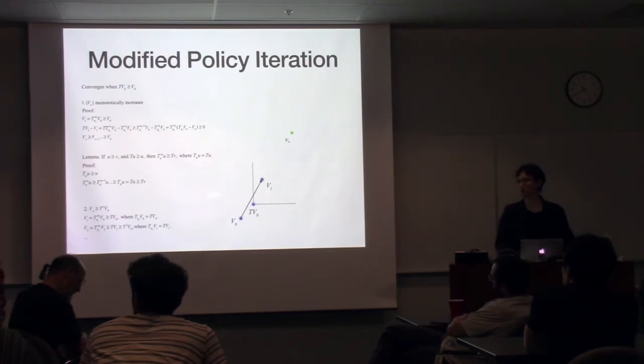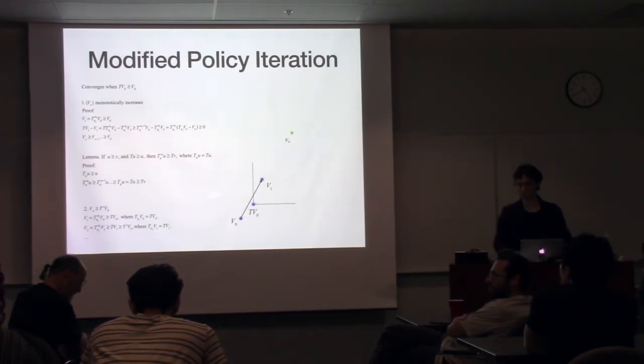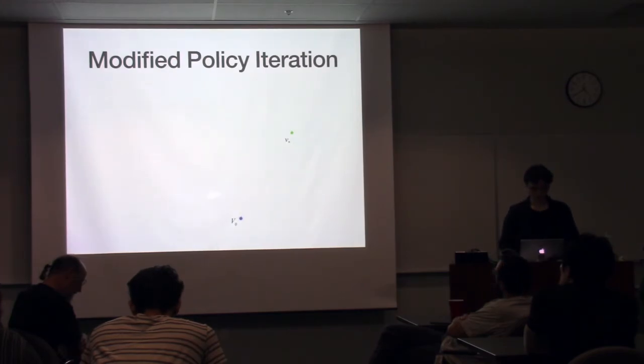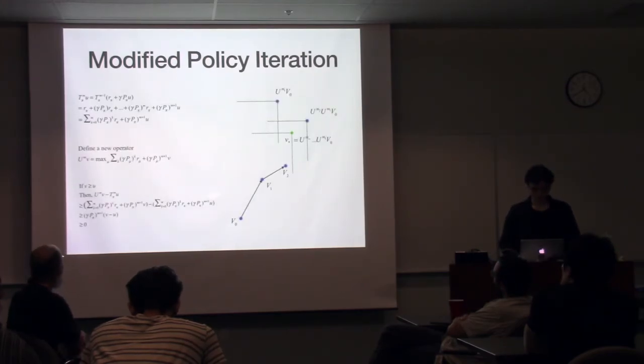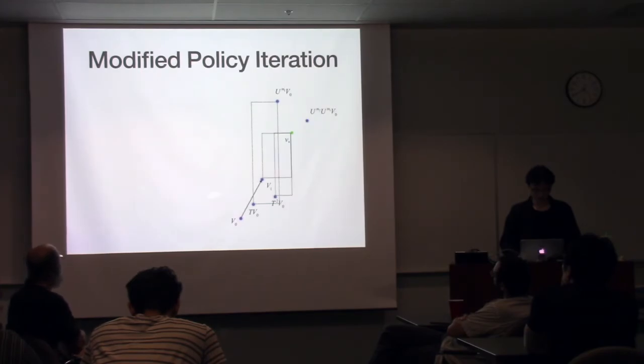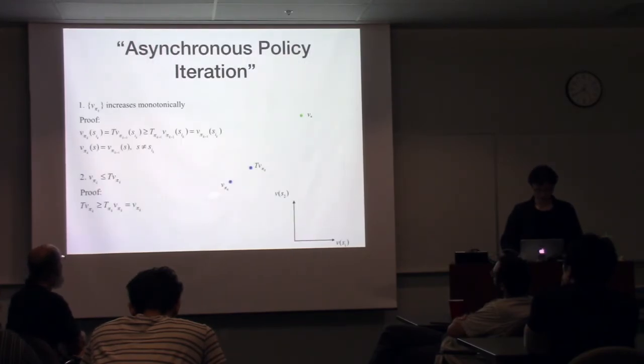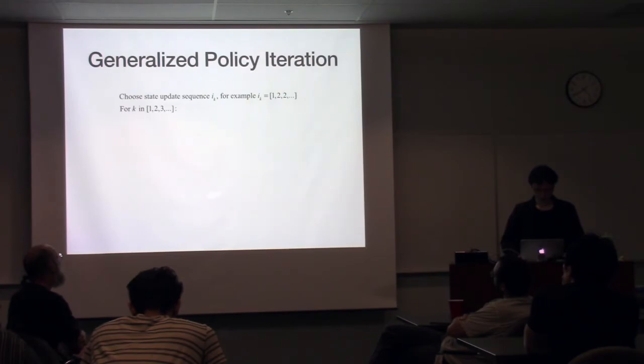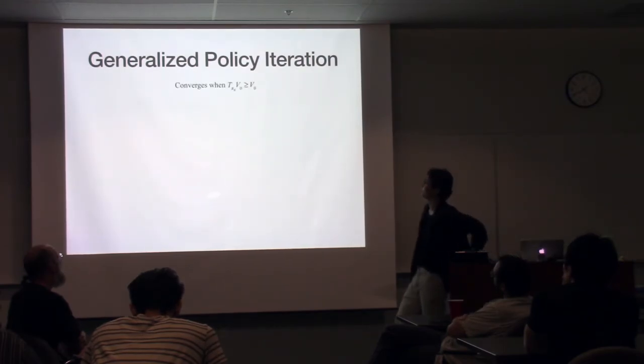Wes? Could you talk a bit more about what other conditions you need for generalized policy iteration? For generalized policy iteration, it's very similar to modified policy iteration. You only need that your initial policy, so pi 0 is your initial policy, while V0 is your initial value estimate.